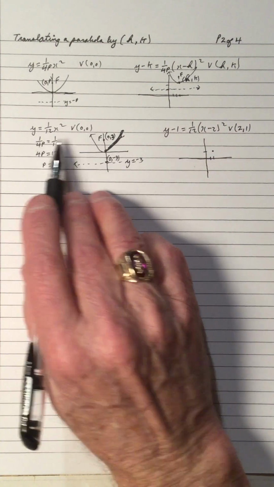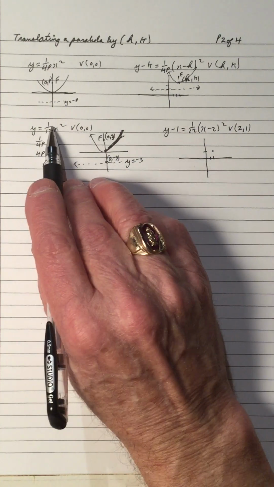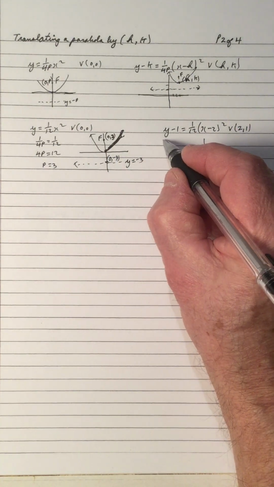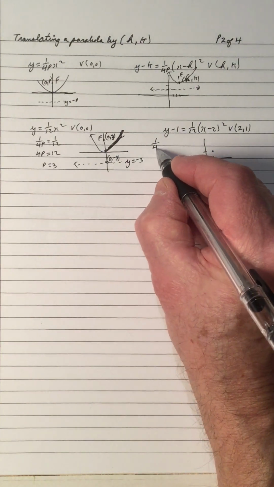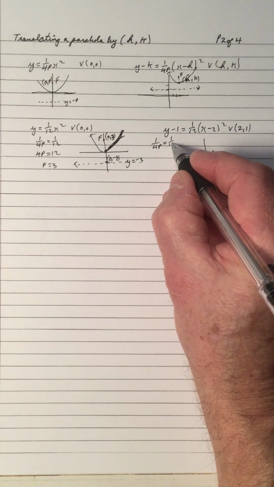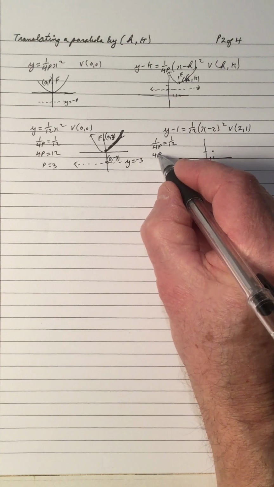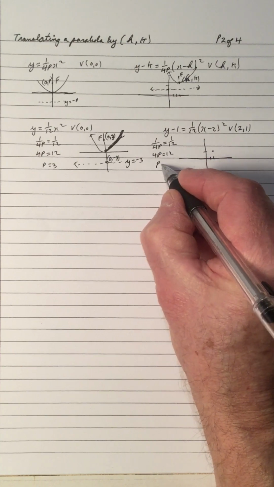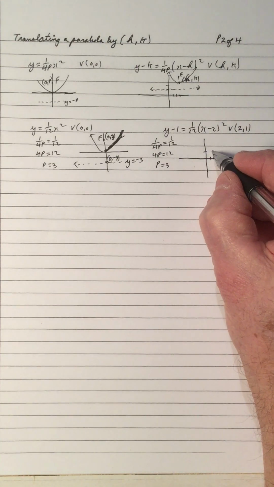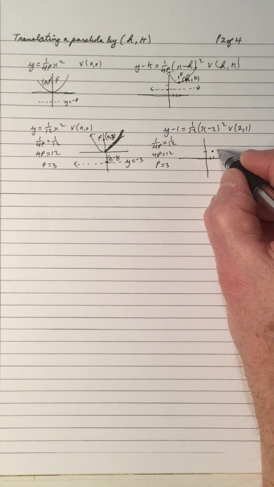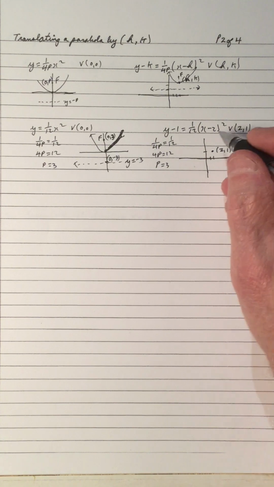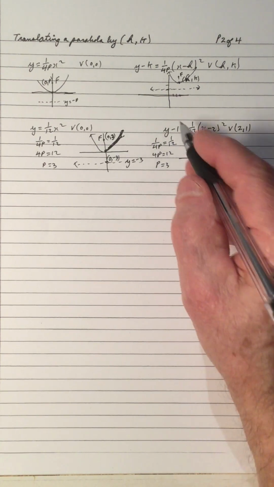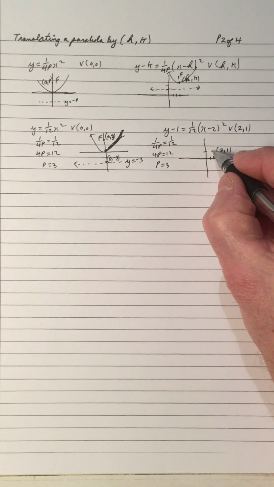Notice this is 1 over 12, and this is 1 over 12. So 1 over 4p still equals 1 over 12. 4p is 12. P is 3. Because this is the vertex here at (2, 1), this parabola, because it's y equals x squared, opens upward like this.